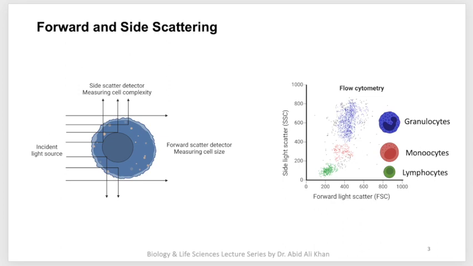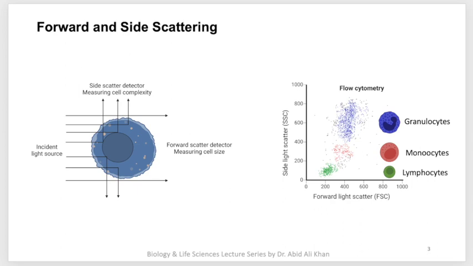In this case, we can see that the cells have a nucleus. So when the laser hits the nucleus, there will be some deflection. Now we could see that the incident light source would detect the size by forward scattering. So this would be the forward scatter. And then with the deflection, we could find out the internal complexity.